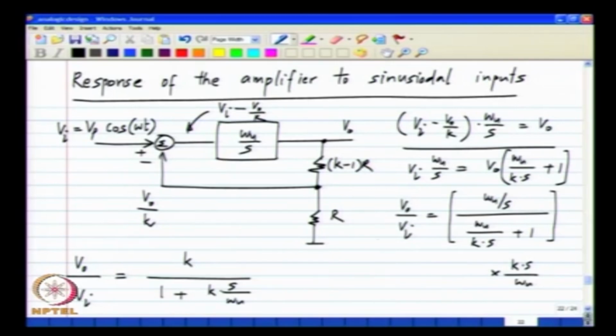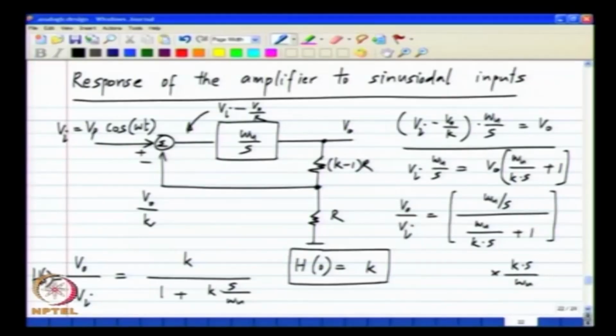First of all, this is the transfer function of our amplifier h of s, and the value of h at 0 frequency is k. So, what does this mean? Now, s equal to 0 corresponds to DC. So, what this expression is saying is that the DC gain of the amplifier is k.